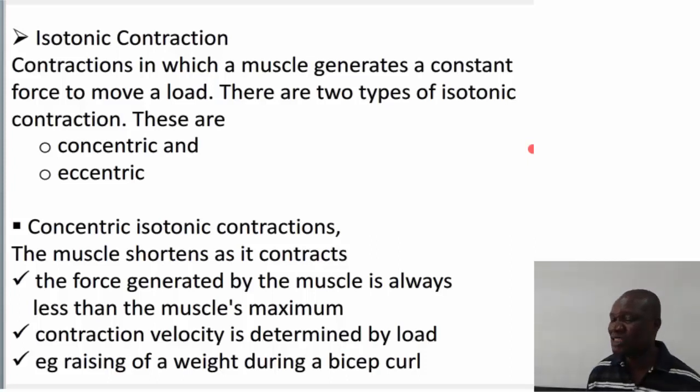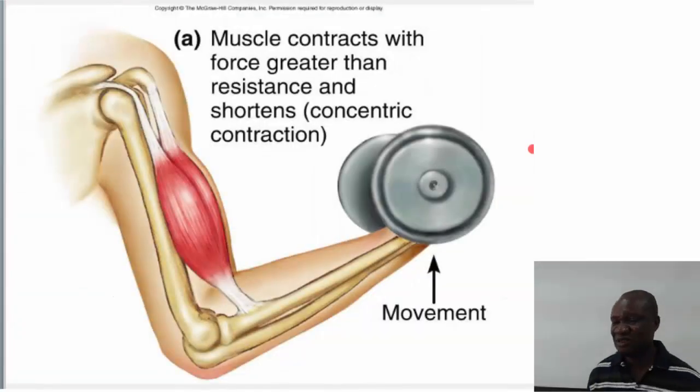And the contraction velocity is determined by the load. If you are lifting something and it's light, it's easier lifting it. But when it's heavy, it's slow. It's difficult lifting it, right? So we say the contraction velocity depends on the load. An example of concentric isotonic contraction is raising a weight during a bicep curl, like this.